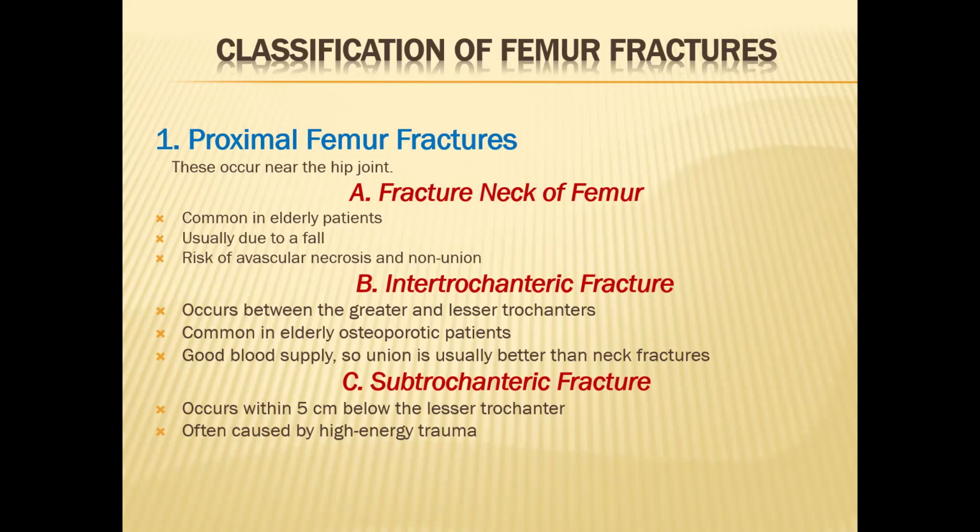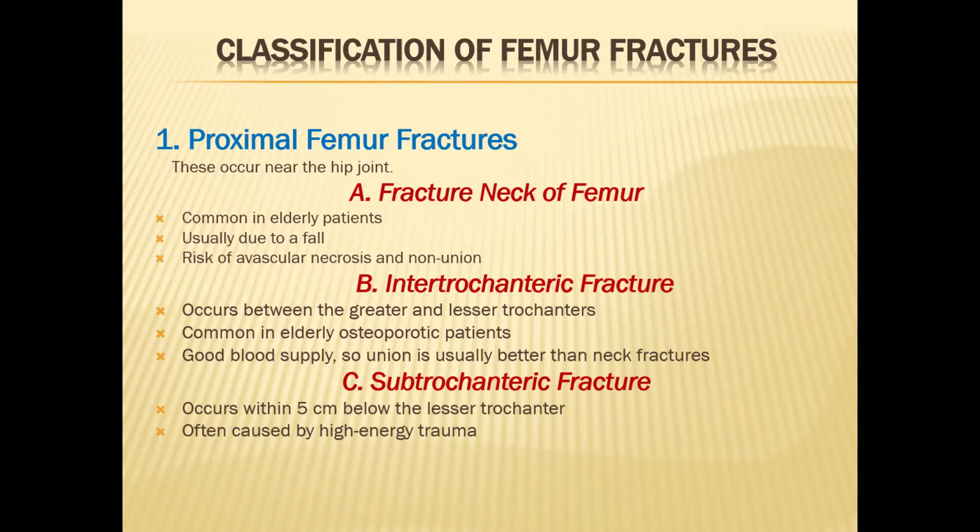Type 2 will be the complete fracture of the neck of the femur, but undisplaced. Type 3 will be the complete fracture, but partially displaced. Type 4 will be the complete displaced fracture. So these are 4 types of the fracture of the neck of the femur.